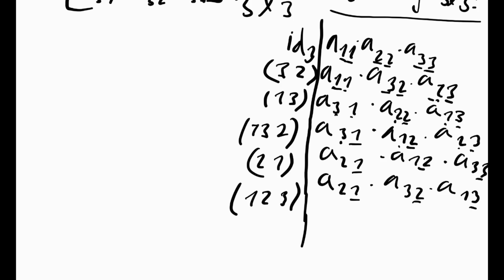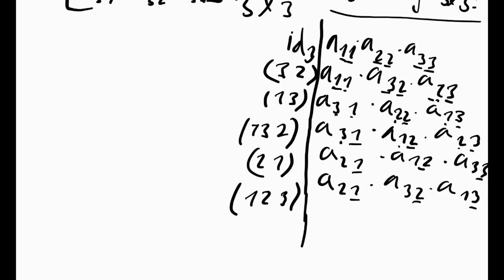Now we need to know the sign, because the sign will tell us in this sum whether we put a plus or minus for each of these terms that has the product of three entries from the original matrix. Well, identity permutation is even, this is odd, and the reason is that there's something called the sign of a permutation. So again, this is worth explaining, not just mentioning.